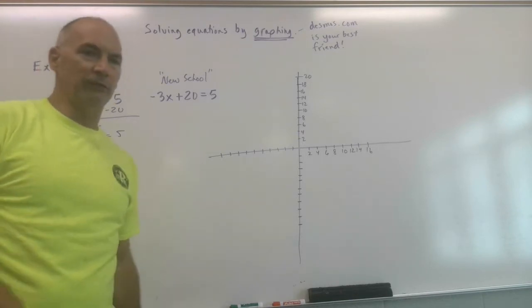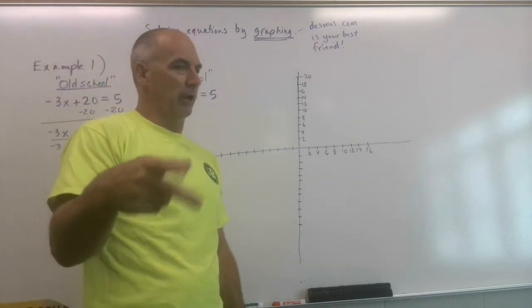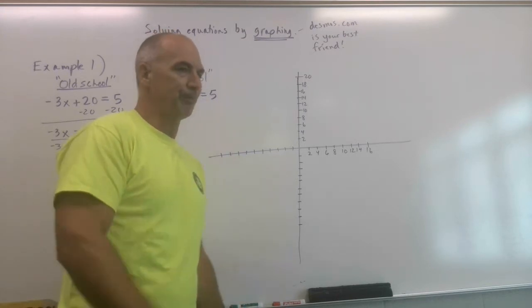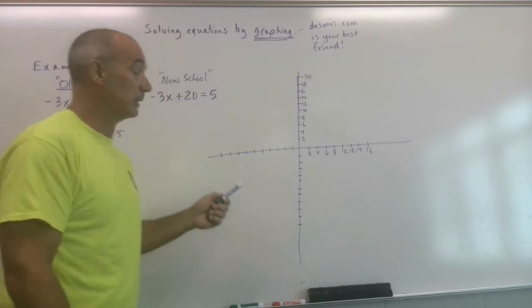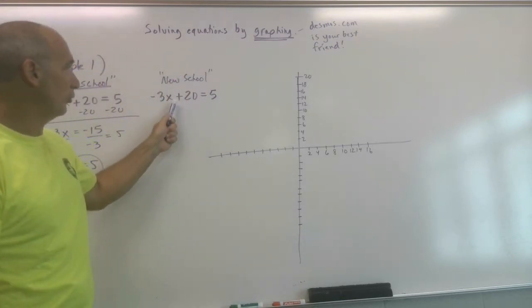So what even is that? Well, it's your answer, but what is really going on? This section is going to help you understand what it is you're really doing. And here comes the new school.